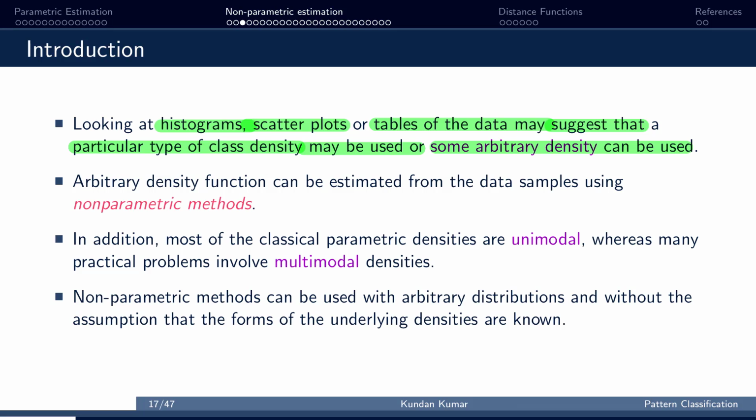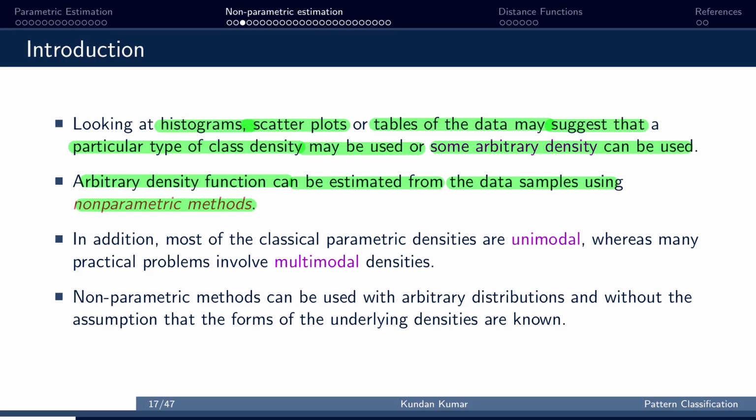Okay, so if the arbitrary density function is used, then that can be estimated from the data samples using the non-parametric method, because whatever the data we will have, suppose we plot the histogram of the data samples, then from the histogram we can say which type of distribution the data sample is following.